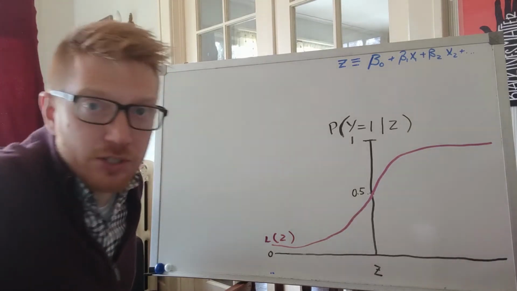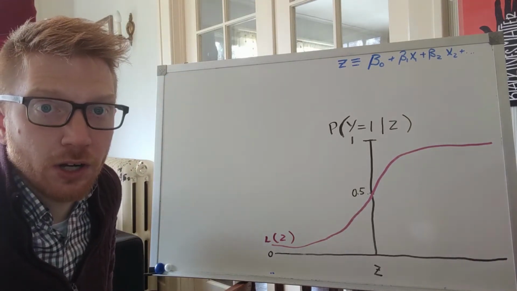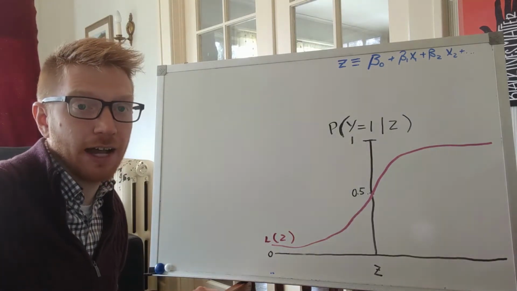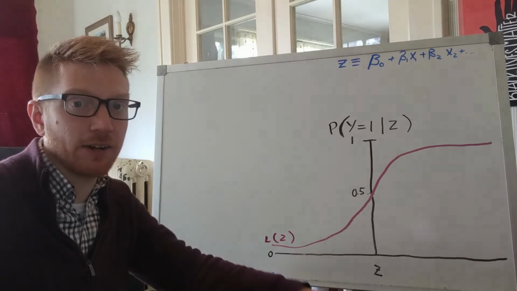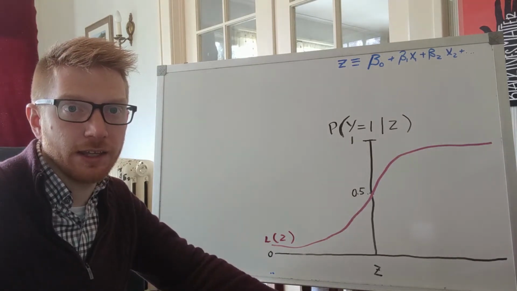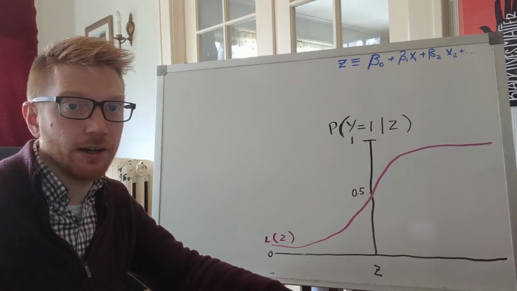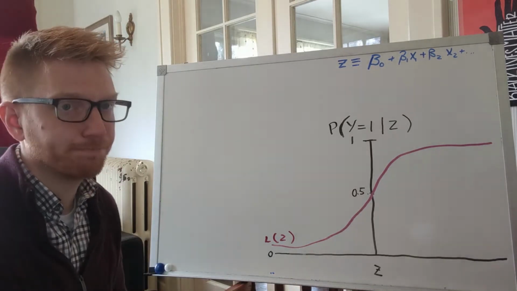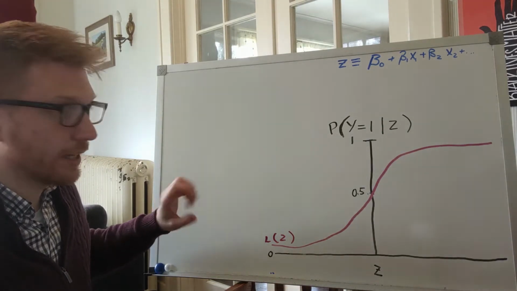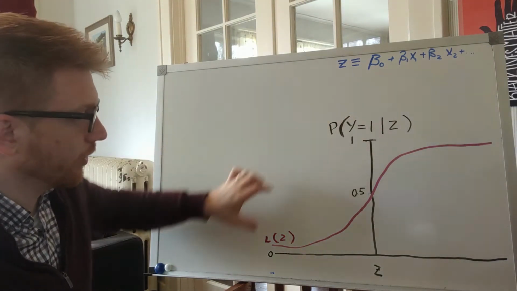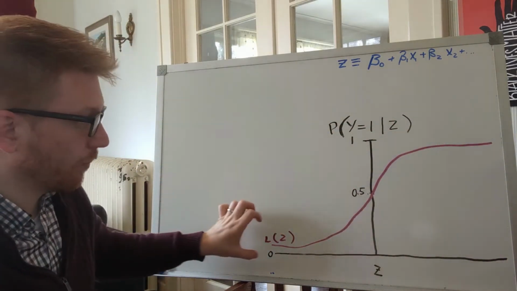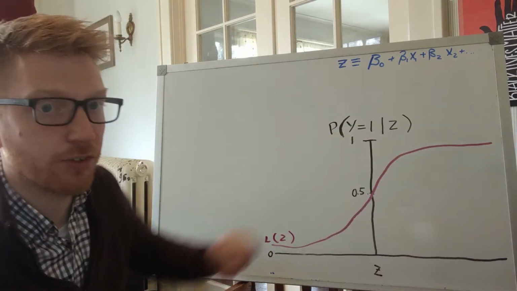But right now we're just going to talk through the mathematics of how to do that and how to calculate the marginal effects in the case of the logit model. So the logit function is a function that takes this value and looks like this purple curve that is on our graph.